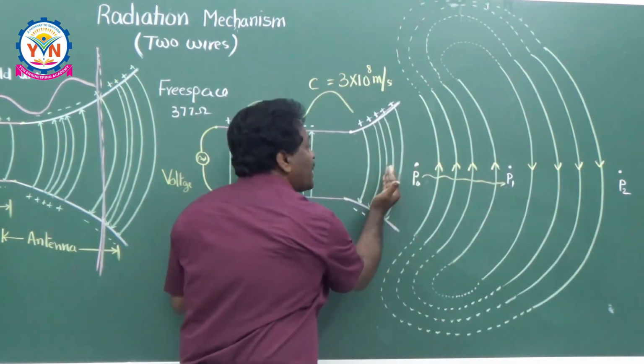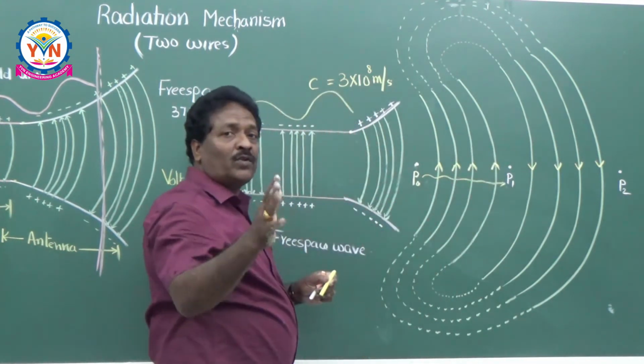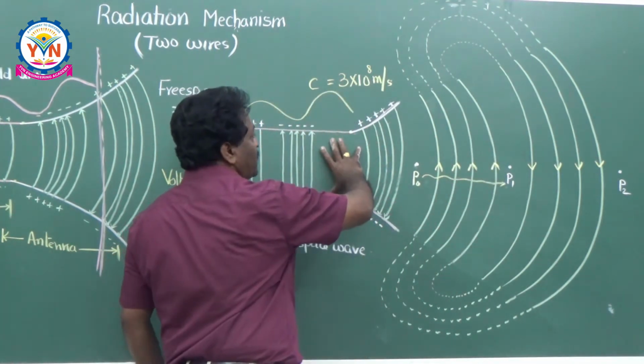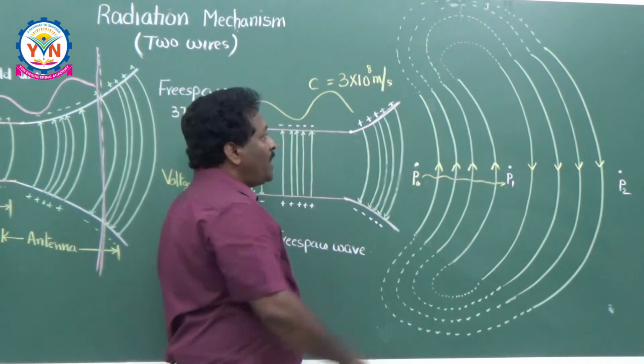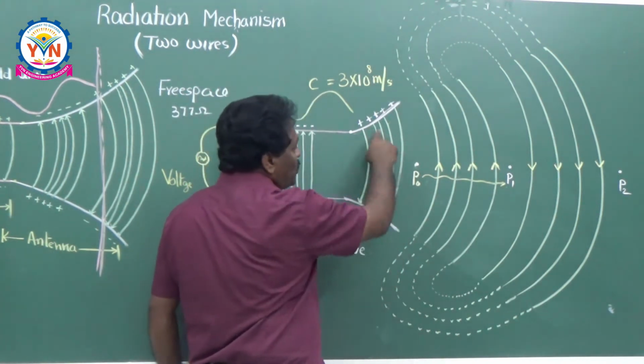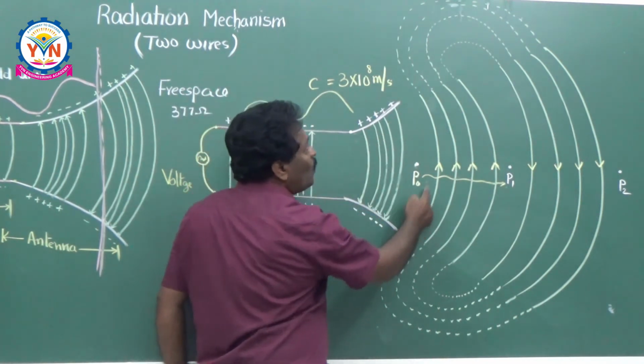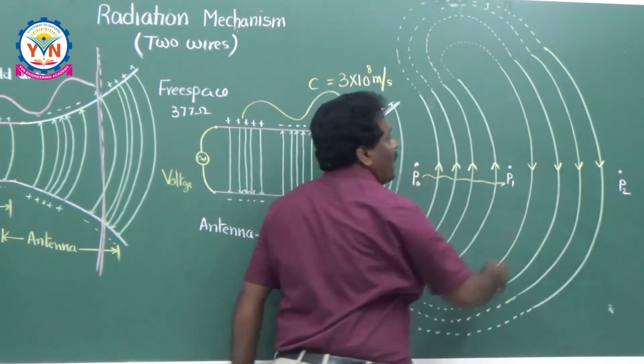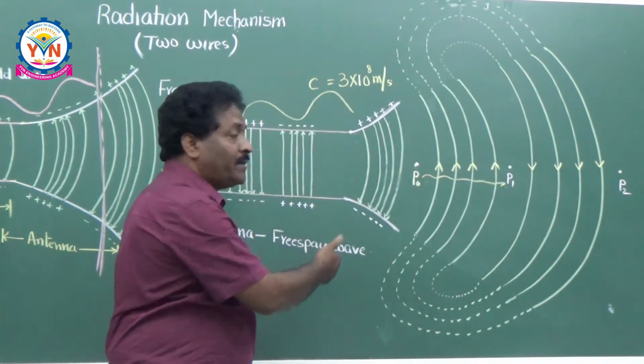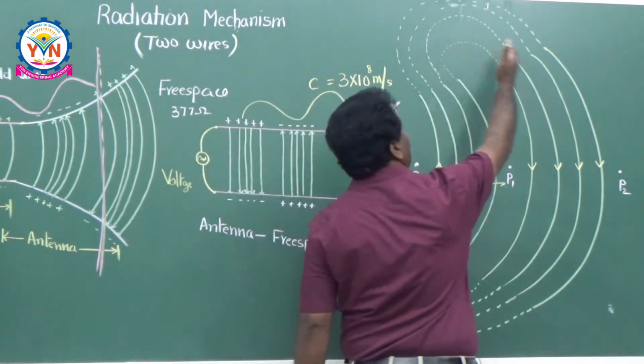Once the waves are detached from this, there is no control of the charges which are present in this conducting system here. And as soon as you see positive charge and negative charge here, they are going to form closed loops. I would like to explain in the next slide how the closed loops come into the picture.